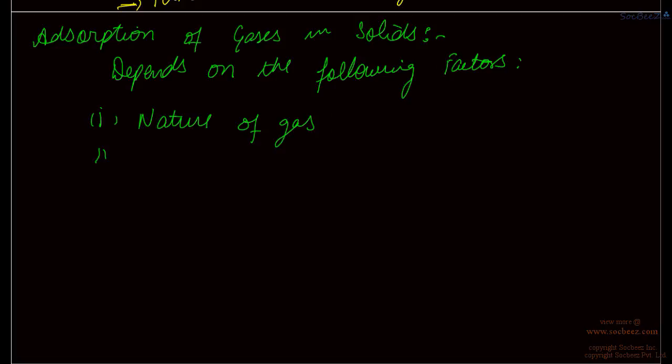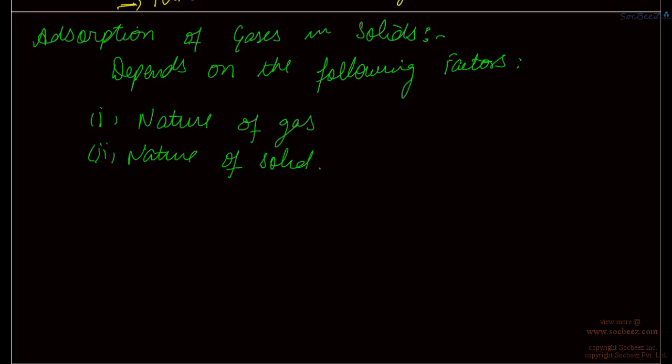The other factor is nature of solid. Activated charcoal is the most common adsorbent for easily liquefiable gases. Poisonous gases such as H2S or COCl2 fall in this group, therefore it is used in gas masks.